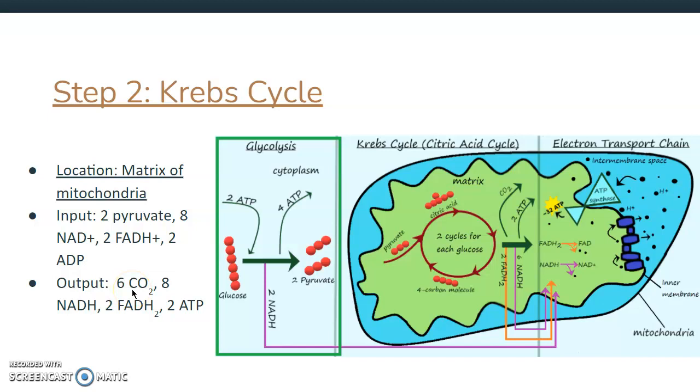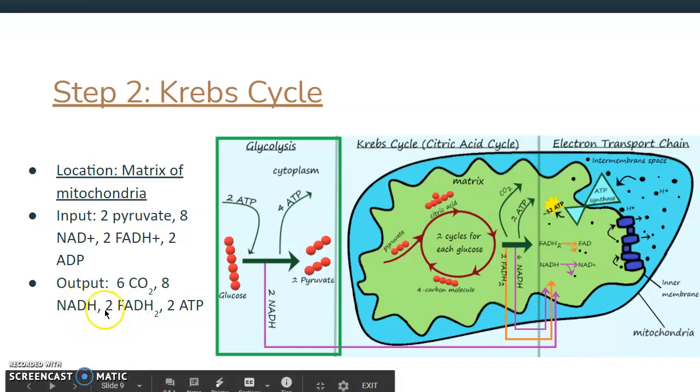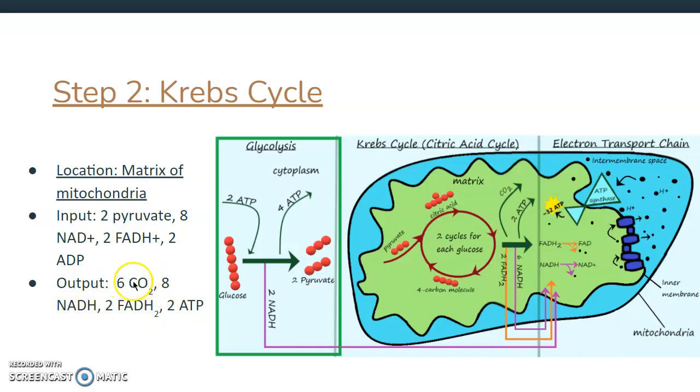So this step is really all about creating our other energy carrying molecules, our NADH and our FADH2, which will get used later. And we see one of our major components get produced here, which is CO2. And this is where all of our CO2 comes from, this step in the Krebs cycle.